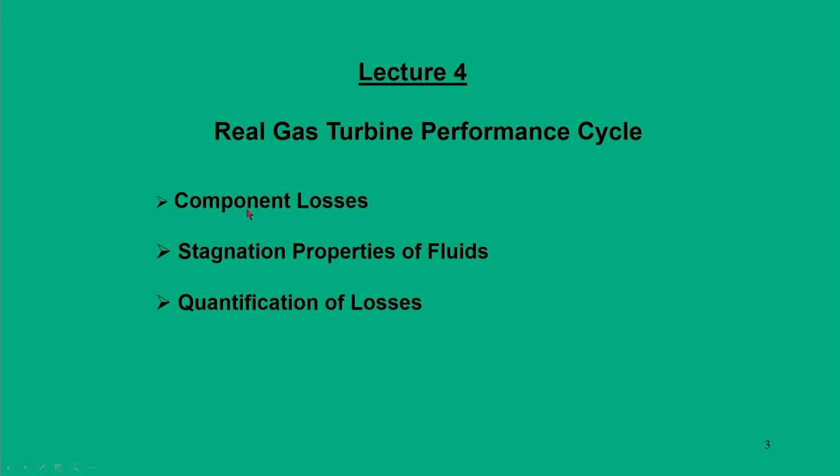We will introduce the component losses, and since we will be focusing in the subsequent class on aircraft propulsion, we will look at properties called stagnation properties of the fluids. We will discuss how the stagnation properties of the fluid help us in quantifying the losses at different components. So, these are the 3 significant headings of today's discussion.